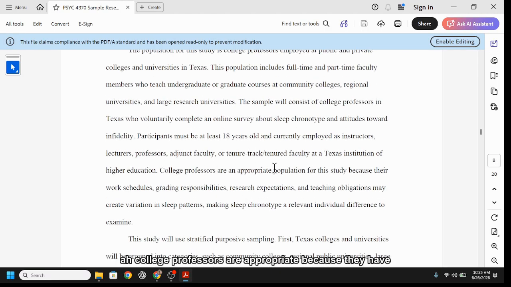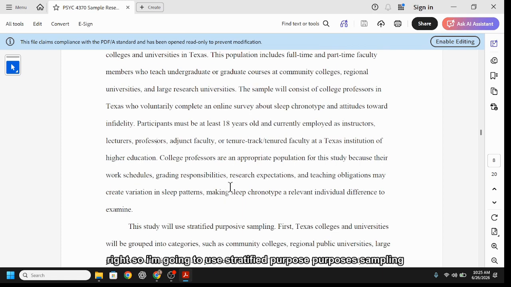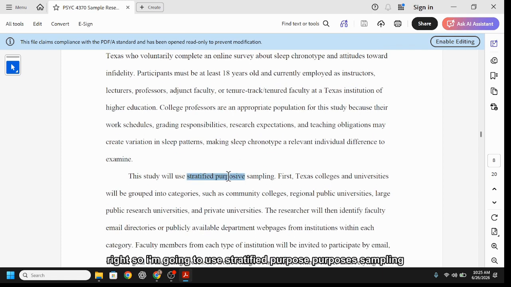College professors are appropriate because they have interesting work schedules, interesting grading responsibilities. They've got a lot of stuff on their plate, and I'm curious about how they sleep. So I'm going to use stratified purposive sampling.